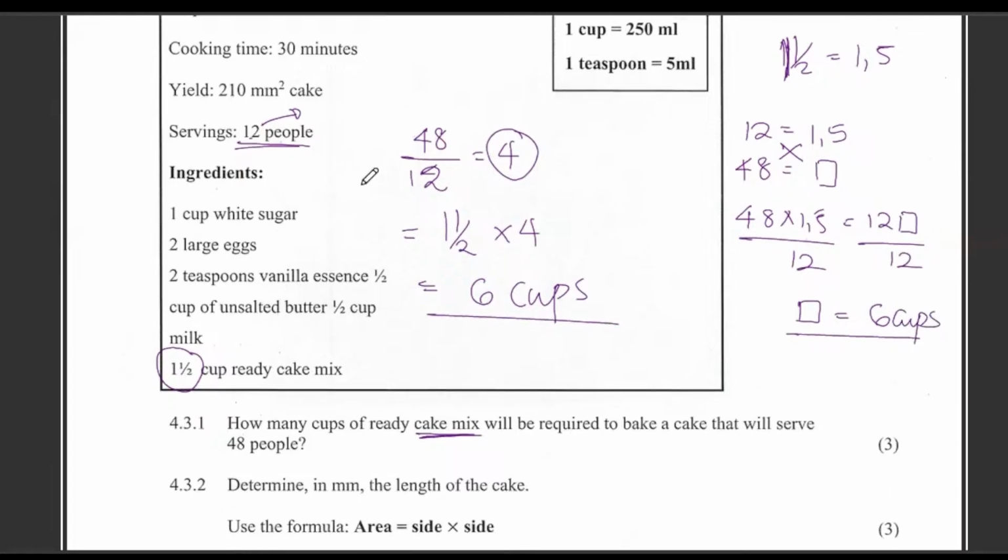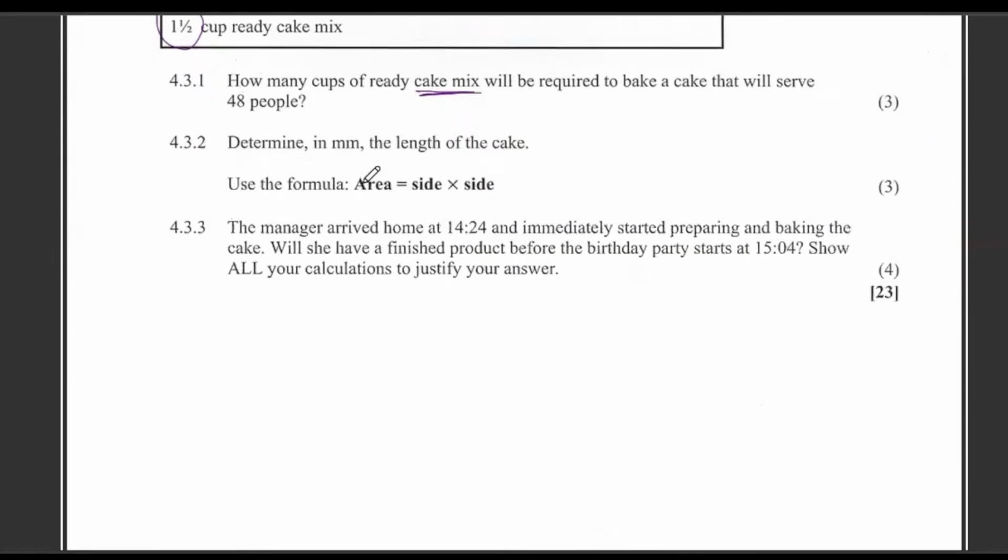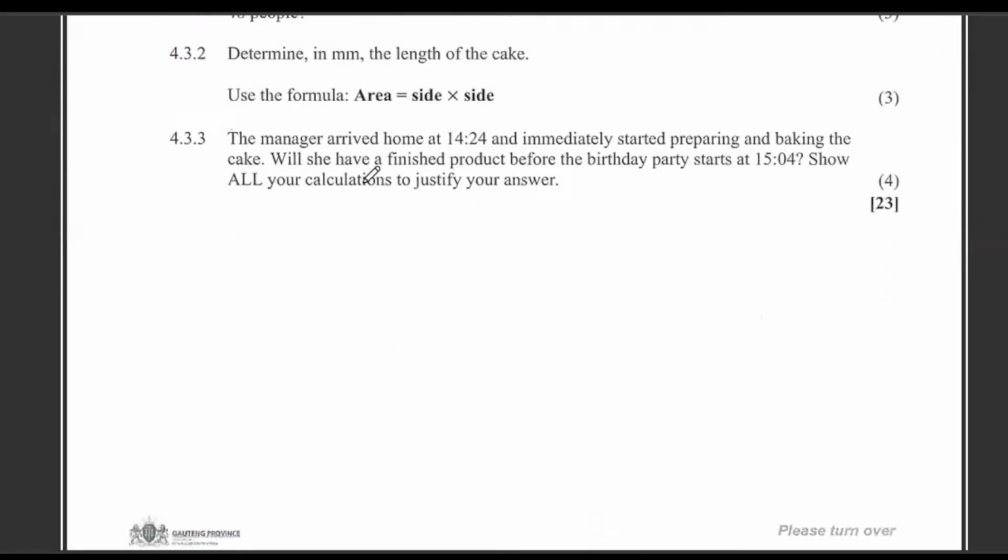Okay, let's continue and we see: determine in millimeters the length of the cake. Now, the moment you see this, what has to come in your head? It's a square.